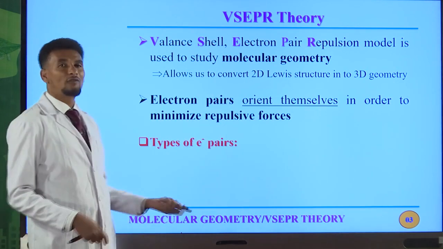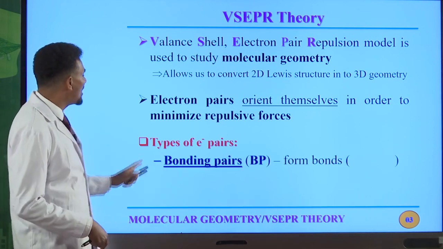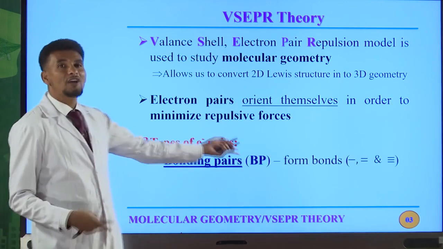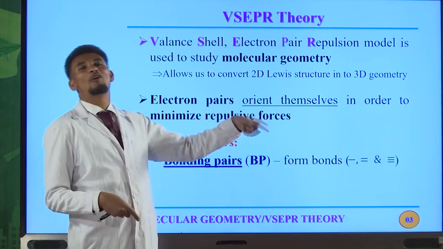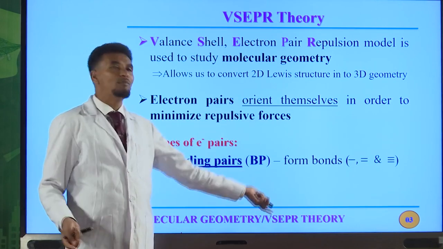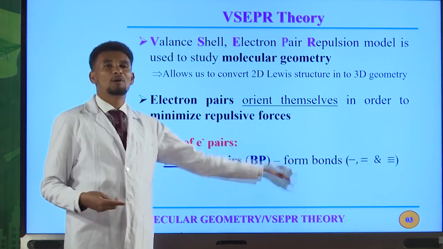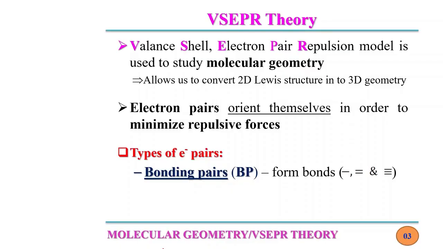There are types of electron pairs. You are familiar with this one. The first is bonding pairs of electrons. These form bonds, which may be single bonds, double bonds, or triple bonds. Electrons come together to form bonds, and these are bonding pairs of electrons. The second is lone pairs, which you can also call non-bonding pairs or unshared pairs of electrons.